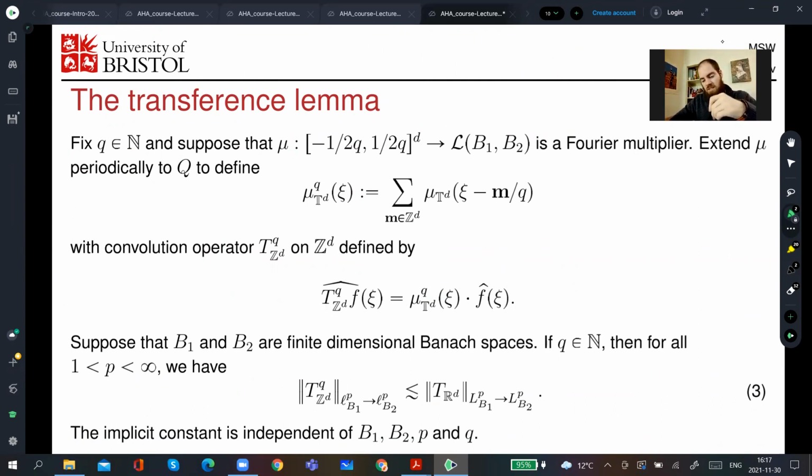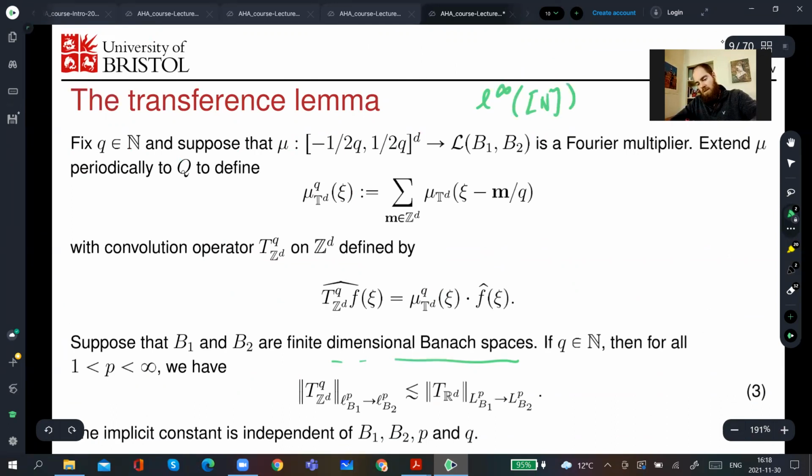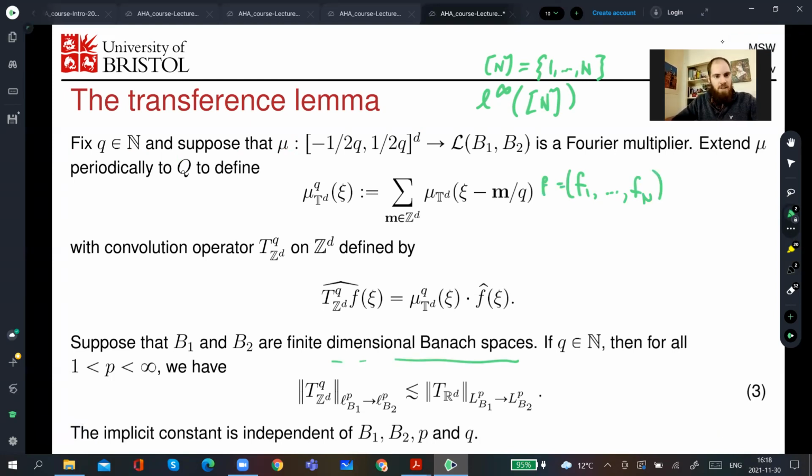And it was in a sufficient generality so that we have these finite dimensional Banach spaces, B1 and B2, which for us were playing the role of L infinity of n, where I've been using this notation to be just the integers from 1 to n, inclusive of 1 and n.